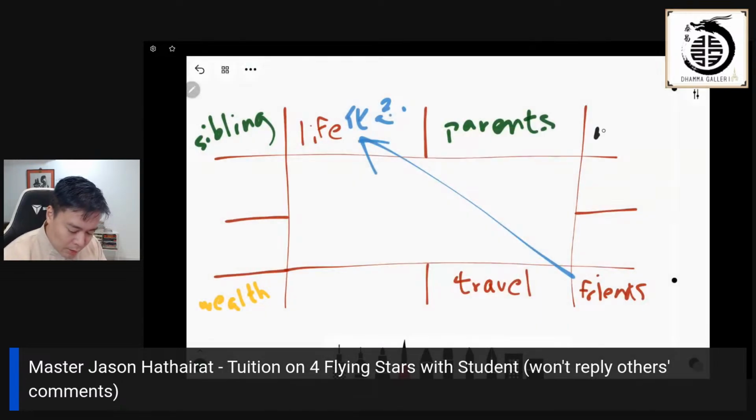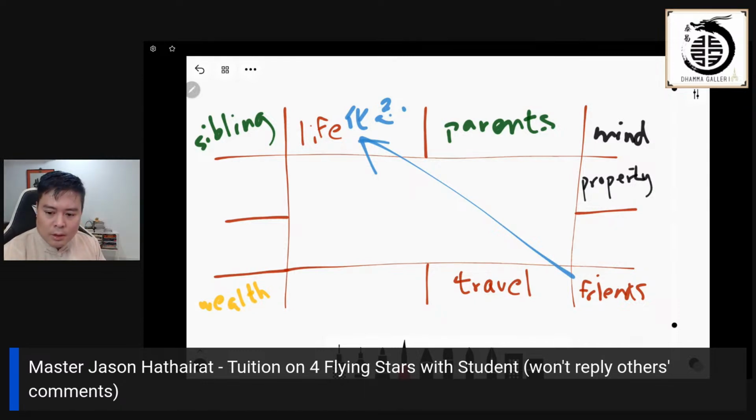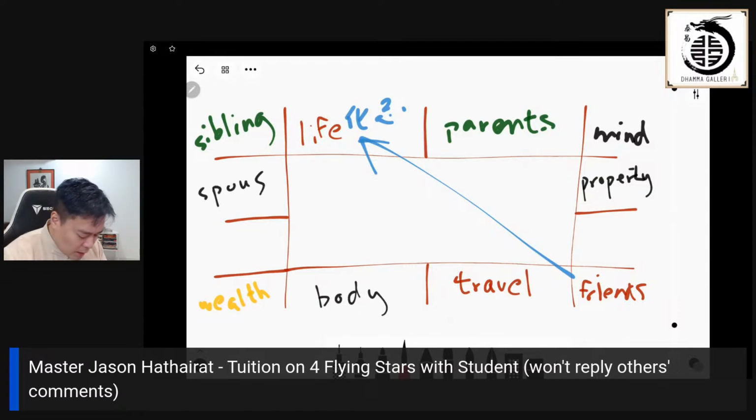This is the mind or karmic domain, the containment domain. This will be the property. Okay, property. This will be the, okay, 1, 2, 3, 4. Okay, this will be the body domain. This will be the spouse domain. Okay, I think I have drawn the chart wrongly, let me double check, okay?